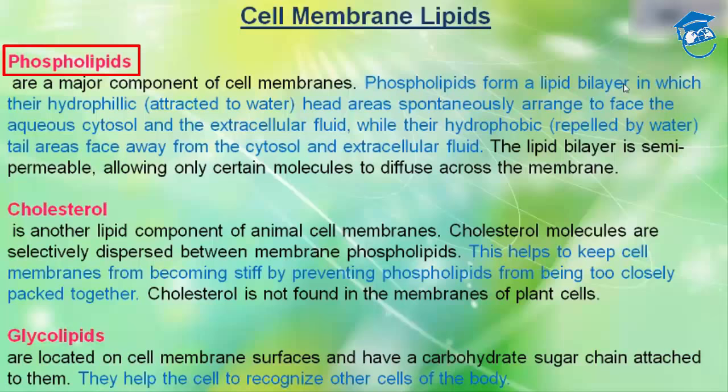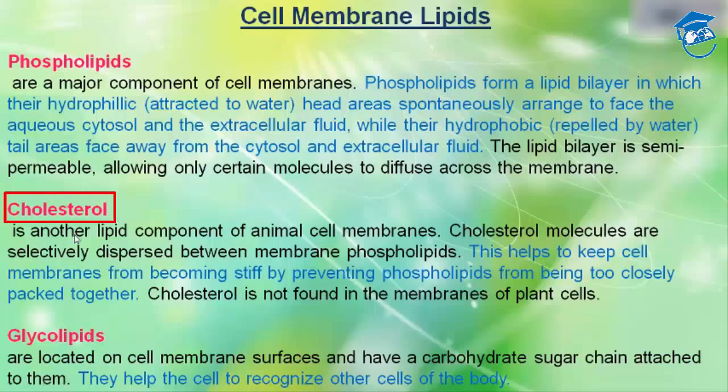I have already shown you in the diagram. And the tail, which is hydrophobic in nature, spontaneously arranges itself away from the cytosol or extracellular fluid. That's why it is oriented inside. The lipid bilayer is semi-permeable in nature, that means it allows only certain molecules to diffuse across the membrane, students.